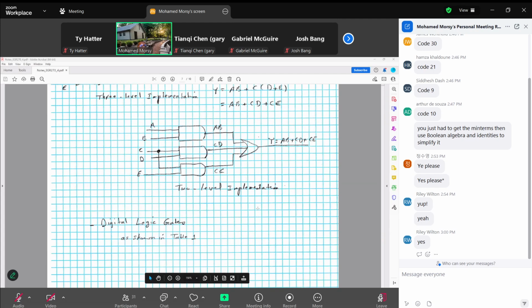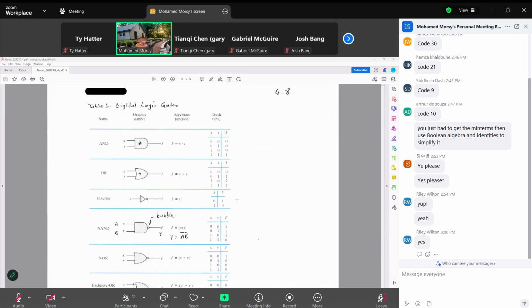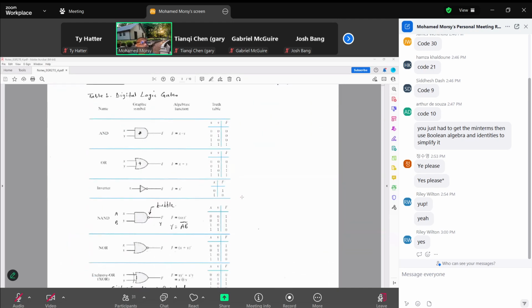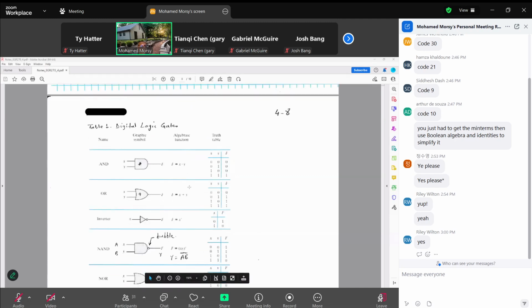So this is called the two-level implementation. This is a table of all logic gates we use in our digital design, listed with their inputs and outputs and their truth tables.